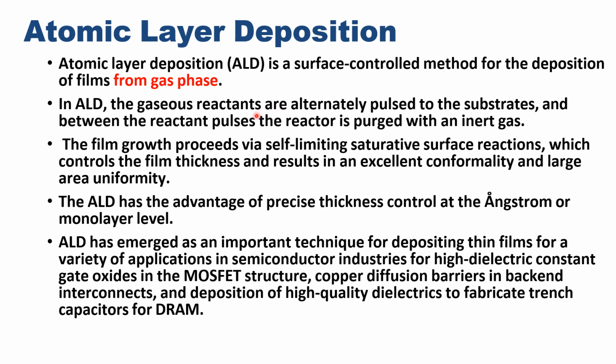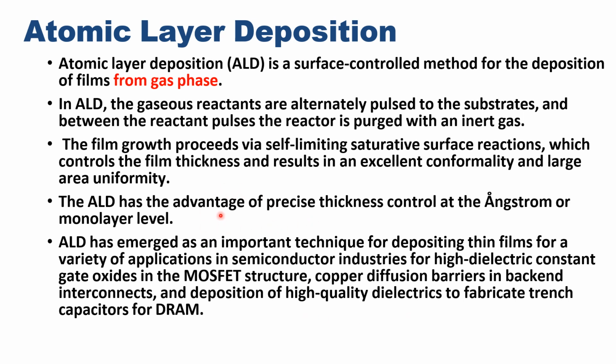Another method is atomic layer deposition. This is also a very good method for the semiconductor industry, where we need to deposit films on different geometries, like a cylinder or trenches of a silicon substrate.